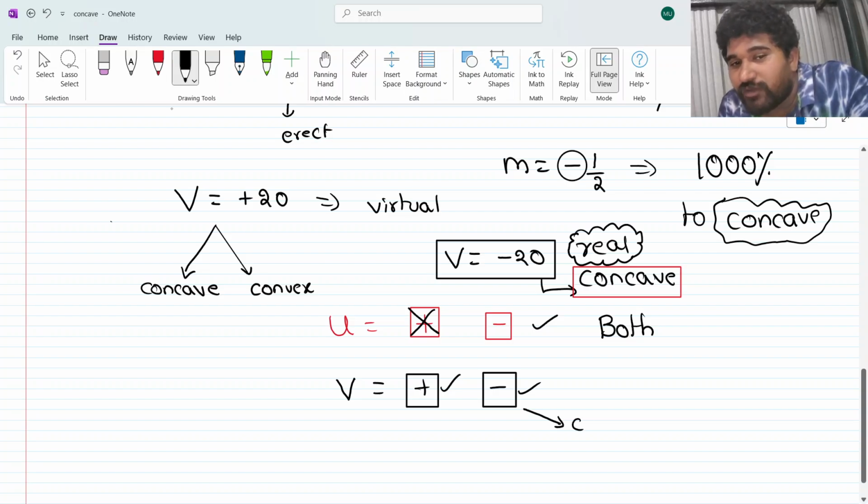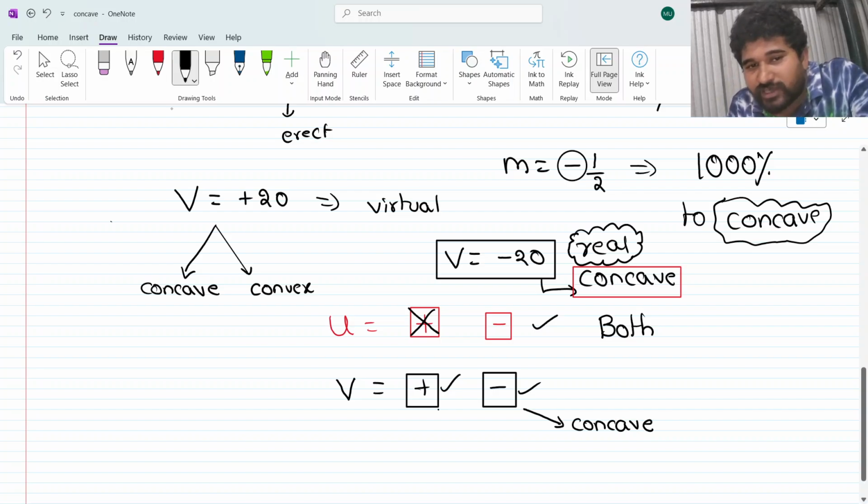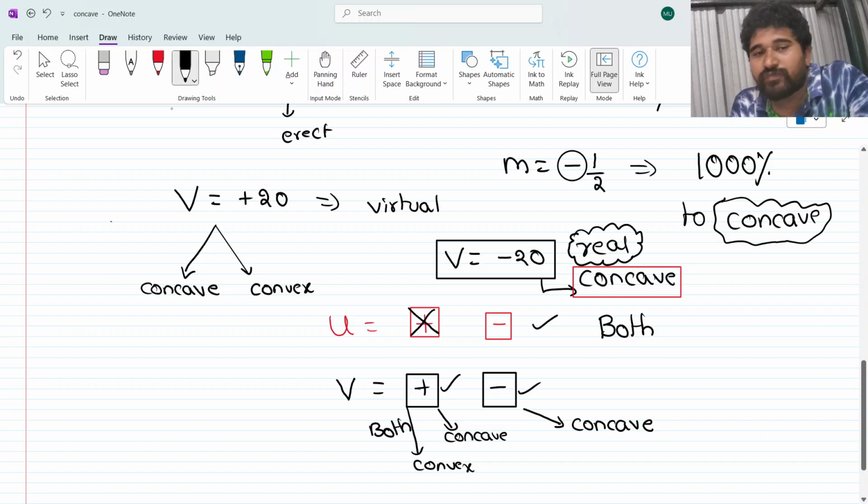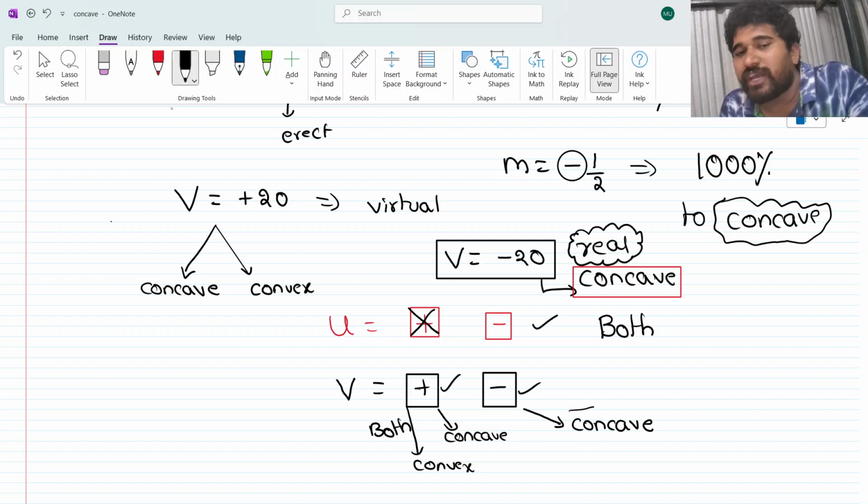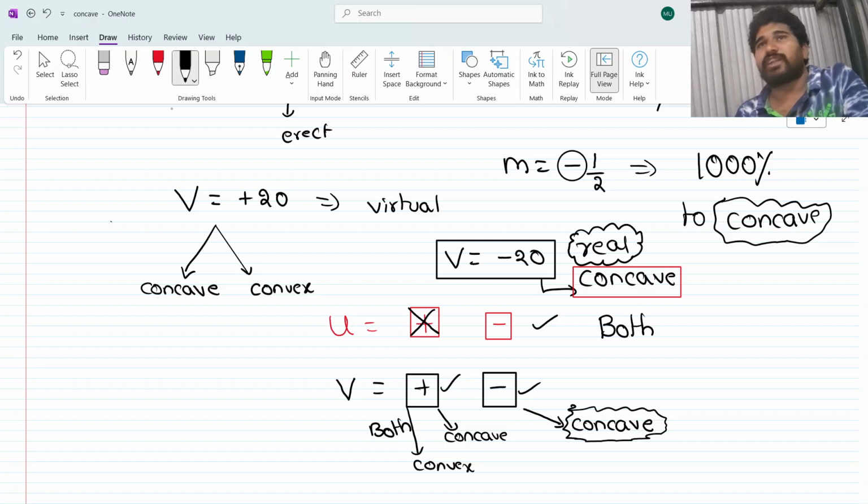Negative is only for concave. Positive is always for concave as well as convex. Both. Negative comes for only one mirror. Which is that? Concave. Is that clear?